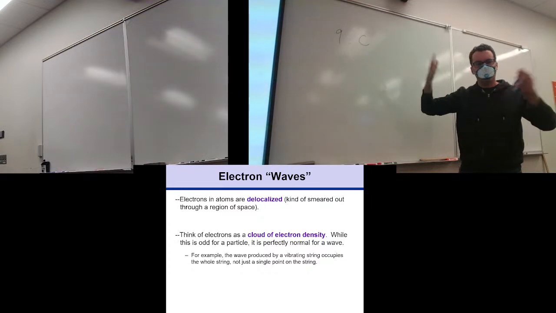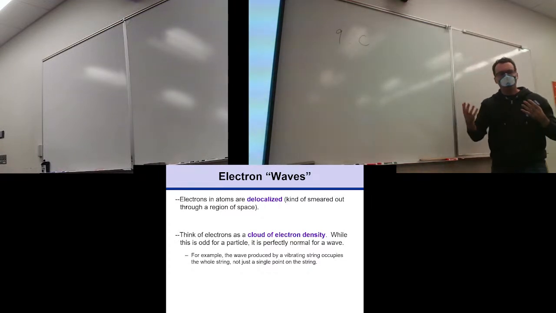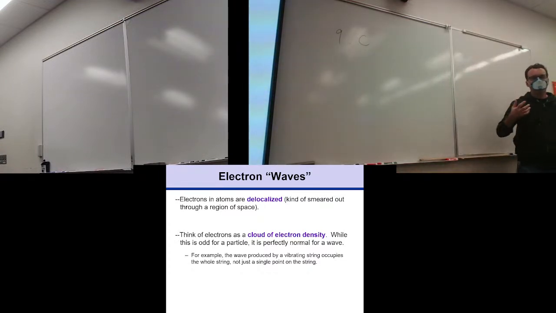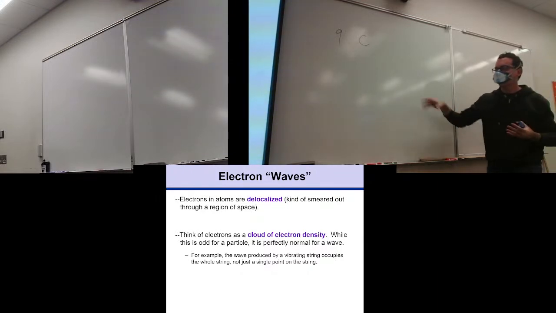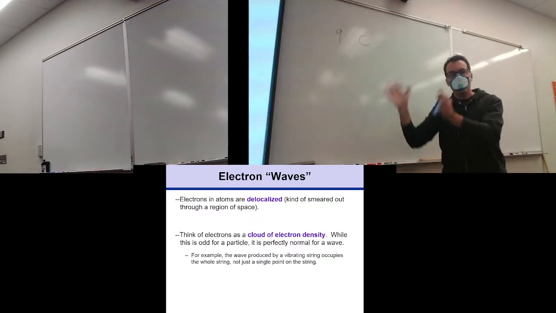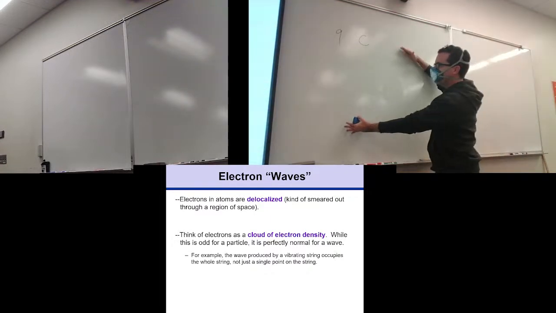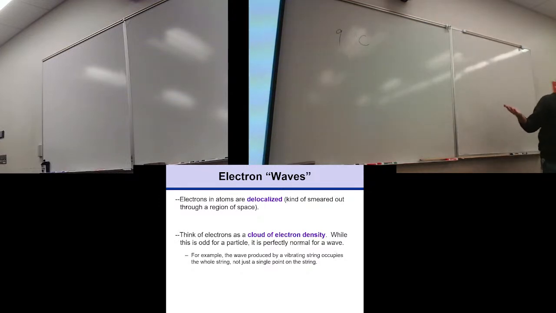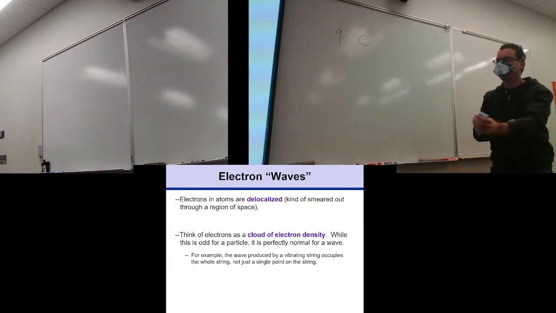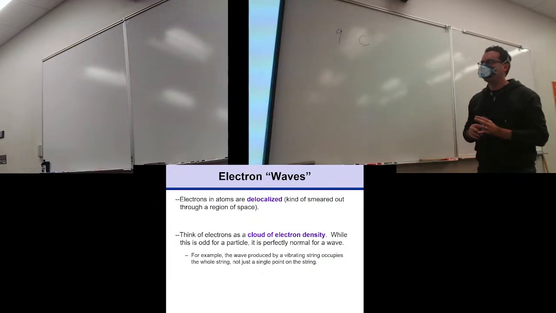The lightness means it's less dense. And that density is a representation of where you're most likely to find the electron. So where the darkest parts are, that's where you're most likely to find the electron. Where it gets lighter, you're less likely to find the electron, but you're still able to find it there. That's kind of how we think of electrons, as this cloud of electron density.